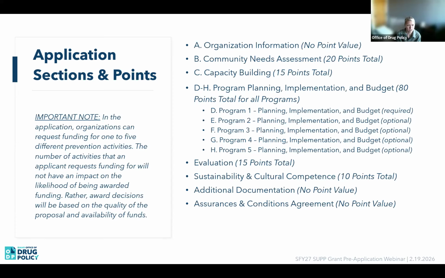Rather, award decisions will be based on the quality of the proposal and the availability of funds. So whether you request funding to do 1 program or 5 programs, you still are eligible for 80 points total, and that point value and how it's allocated is based on the quality of the responses, regardless of how many programs you actually request funding to implement. So you don't get bonus points for requesting funding to do more activities.